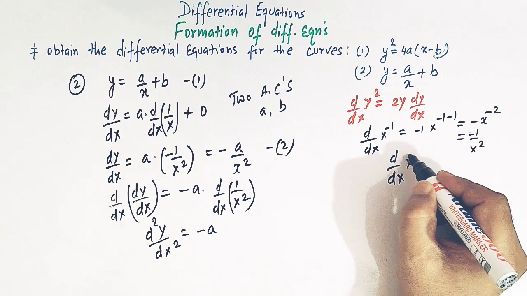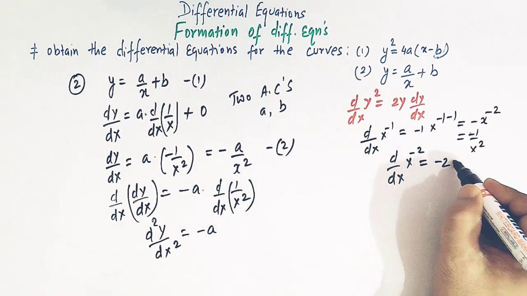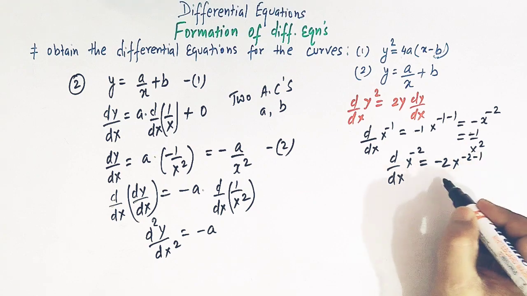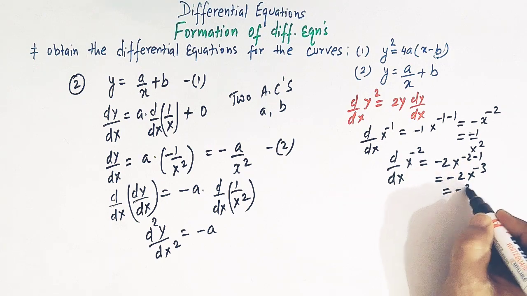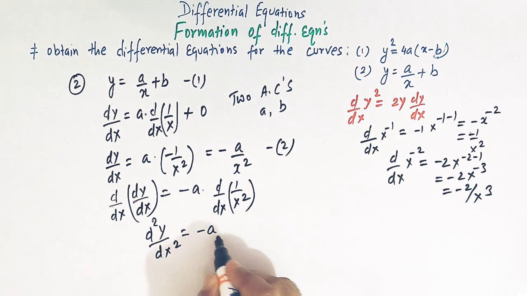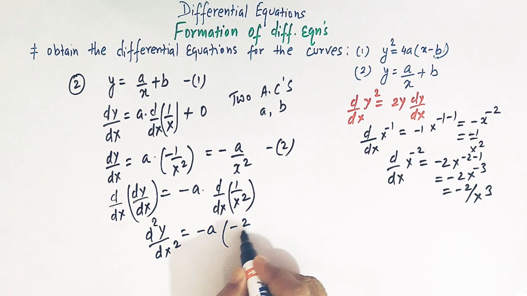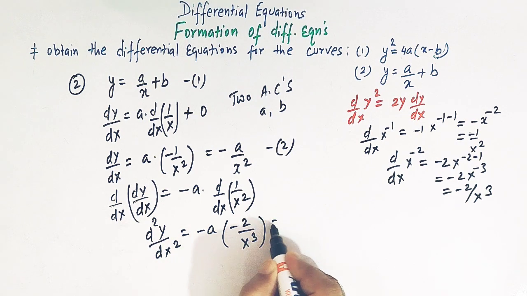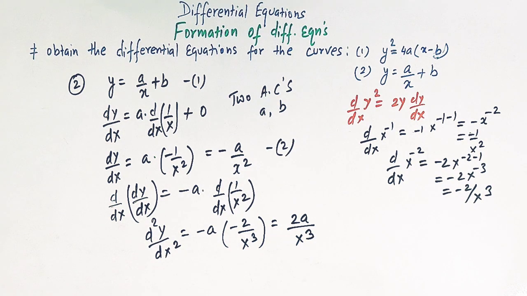That is, 1 over x square is x raised to minus 2. So this is minus 2x to the power minus 2 minus 1, so this is minus 2x to the power minus 3, so this is minus 2 over x cube, right? So here we have minus 2 over x cube. This is 2a divided by x cube, right?